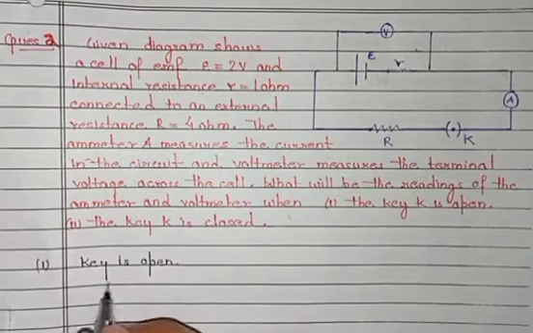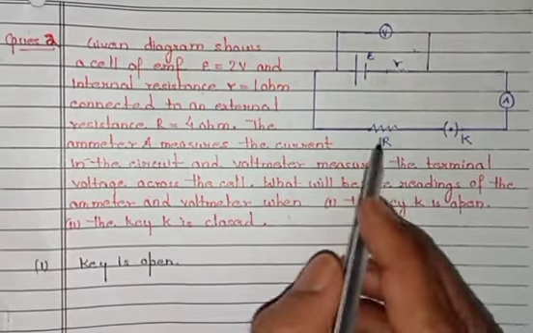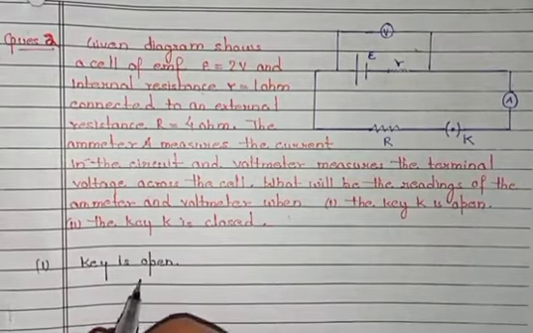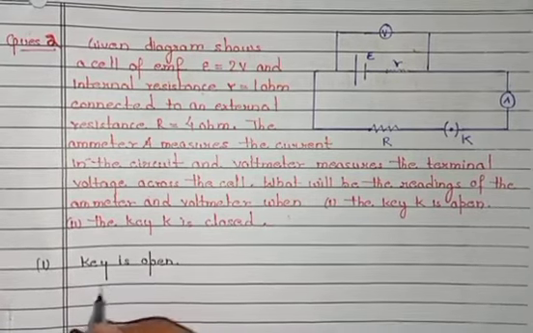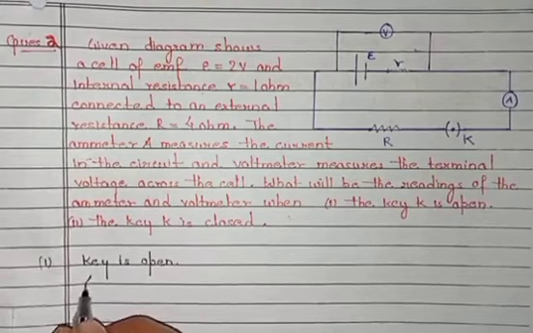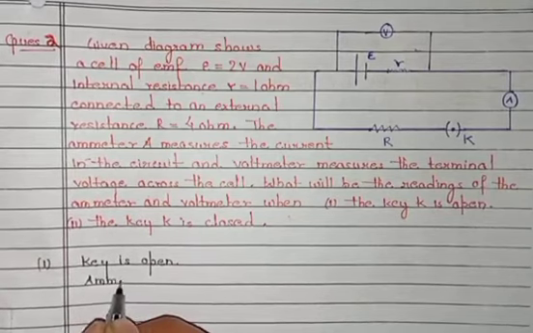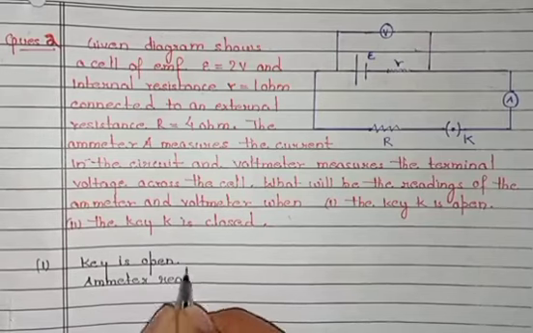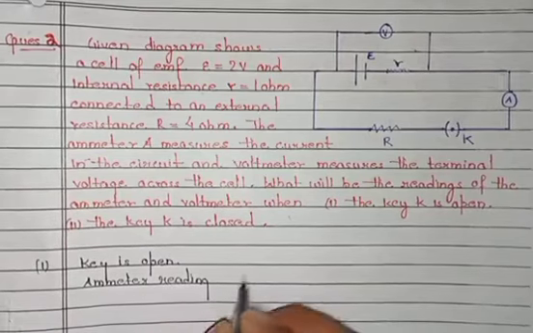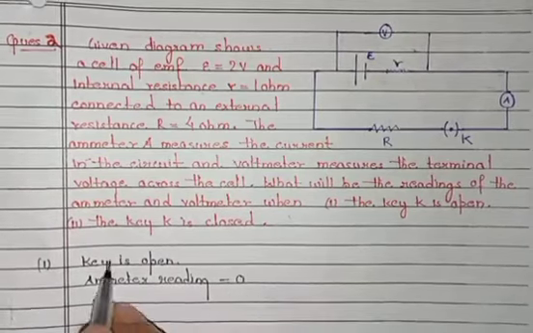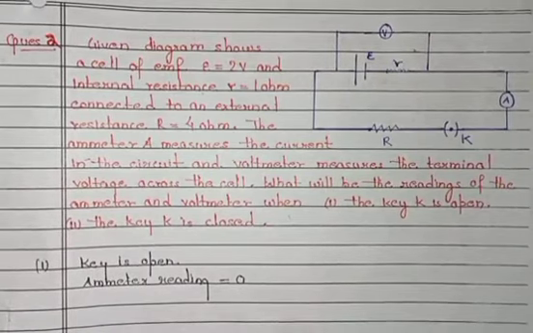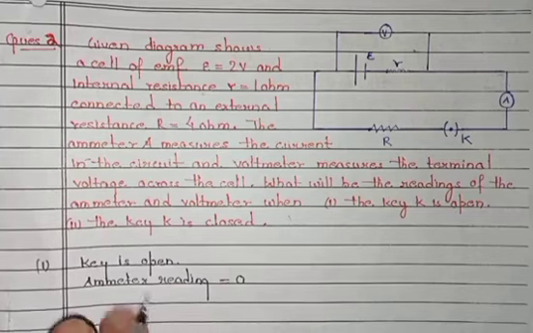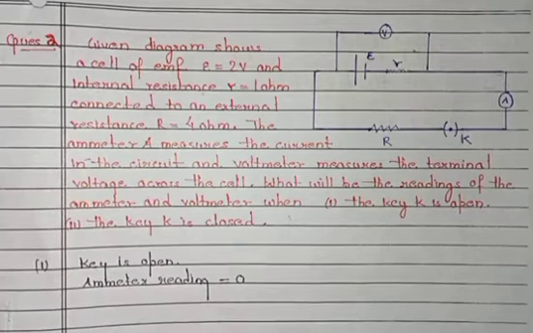So the reading of the ammeter will be 0, because the key is open, that means it's an open circuit, and in an open circuit there will be no flow of current. So the ammeter reading will be 0.